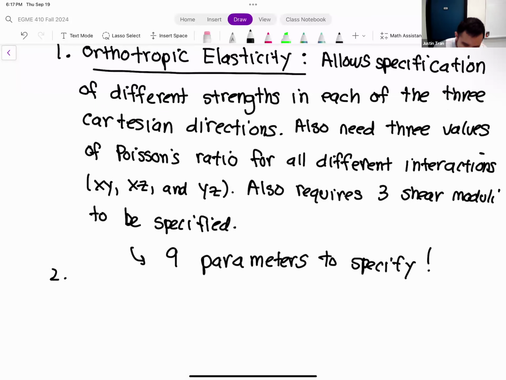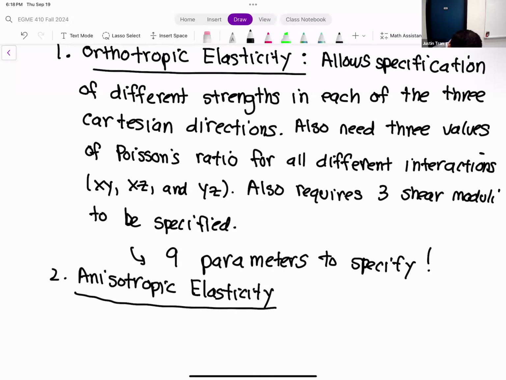All right, so in the same realm, a generalization of orthotropic elasticity is anisotropic elasticity. Anisotropic elasticity is a further generalization.